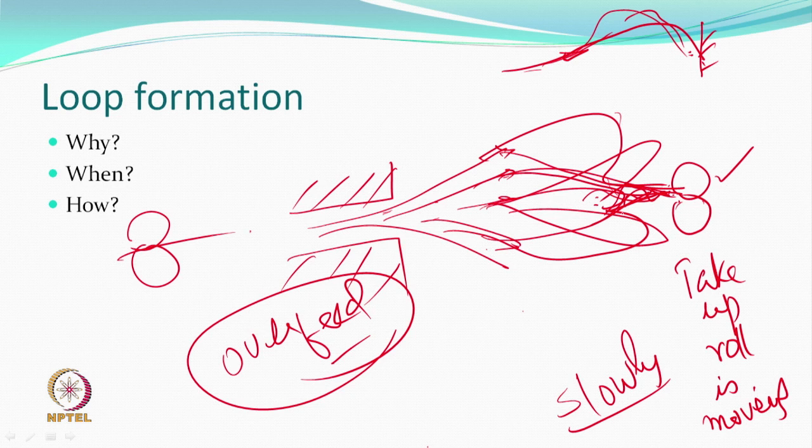So, it is also happening outside, but individual filaments are bending. Now, the question that comes: all of them have been given overfeed simultaneously. If all of them go differently, but finally converge and make loops, why would they entangle?